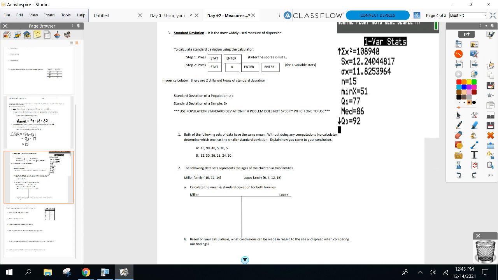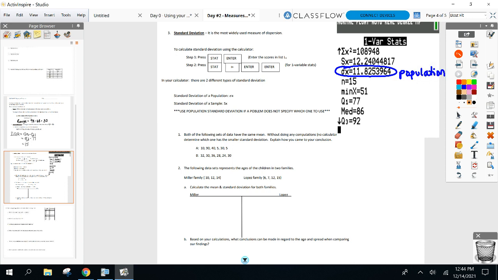There's two types of standard deviations. It's going to be similar to yesterday. There's population, σx. Everyone see σx? That is population standard deviation right there.